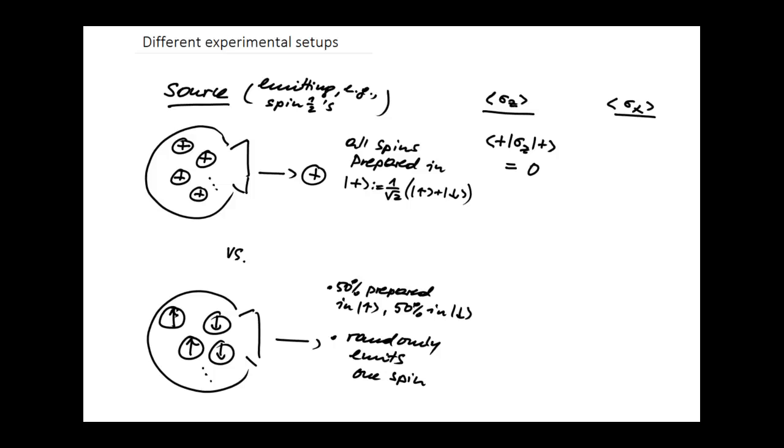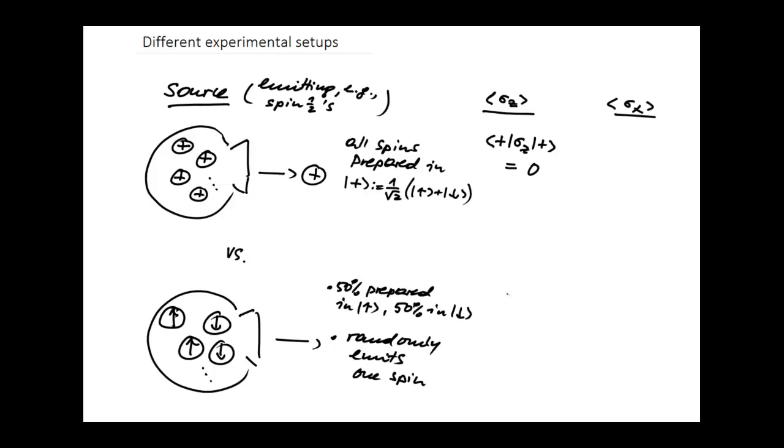In contrast, what do you have to do in the second case? I have, with 50% probability, a spin up. In that case, the expectation value of sigma z would be spin up, sigma z, spin up, which is equal to 1. With 50% probability, I have a spin down. In that case, the expectation value would be spin down, sigma z, spin down.